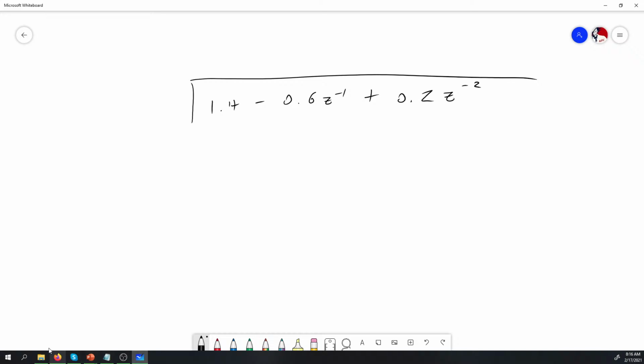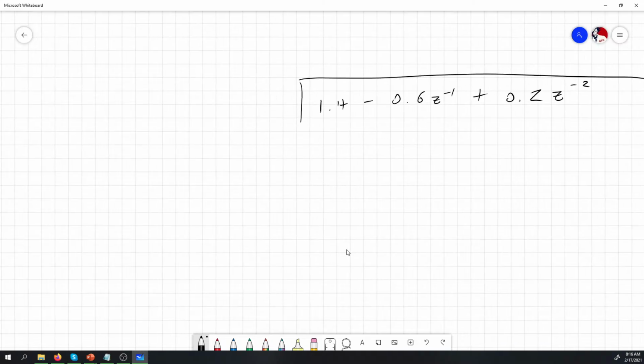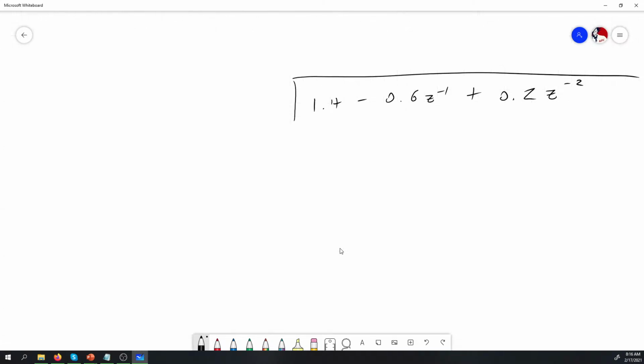And we'll put our denominator here on the outside: 1 minus 1.1 z to the negative 1, plus 0.08 z to the negative 2, plus 0.02 z to the negative 3.